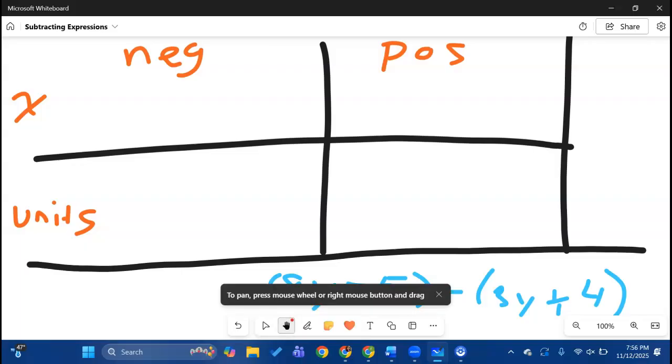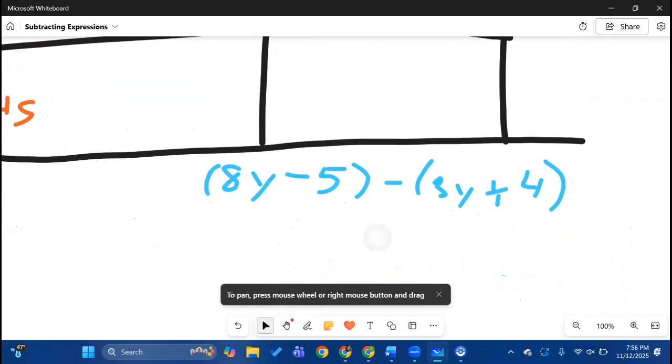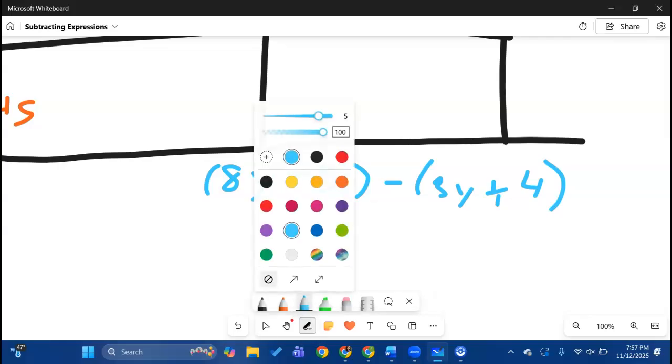So we want to start with figuring out how we can visually represent these numbers. Alright, so let's do that by making some shapes.